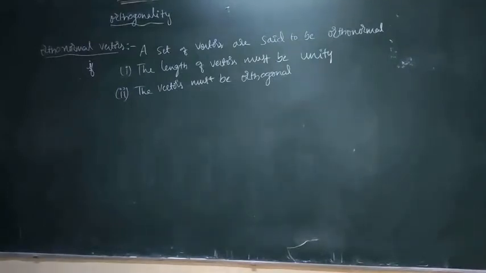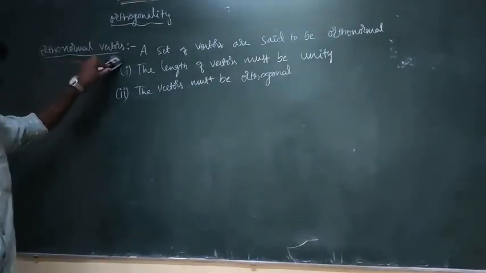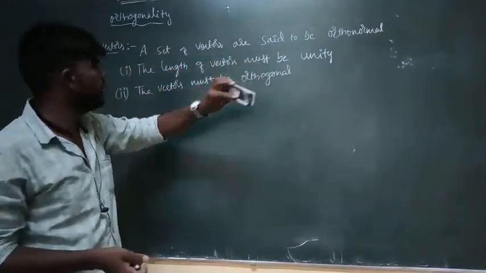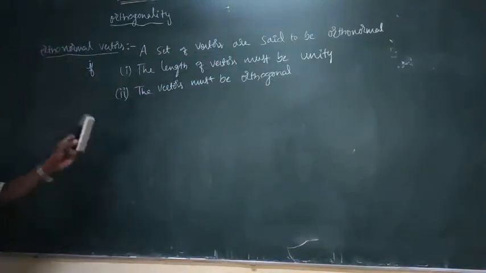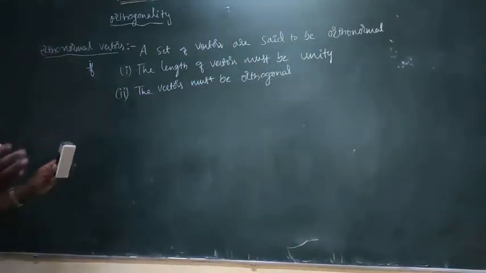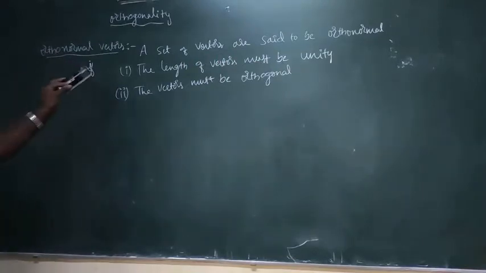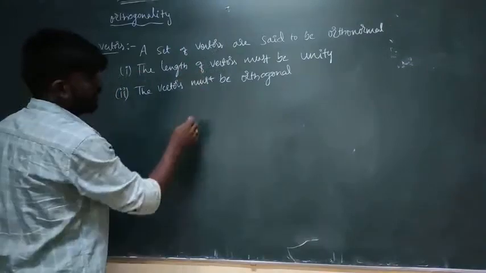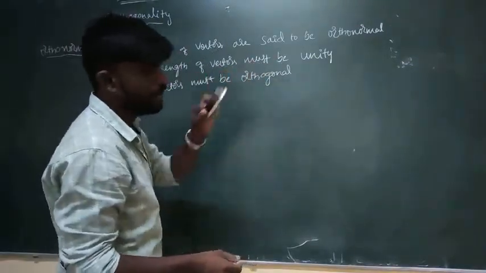So now, orthonormal vectors. A set of vectors u, v and so on is said to be orthonormal if the length of those vectors is unity.